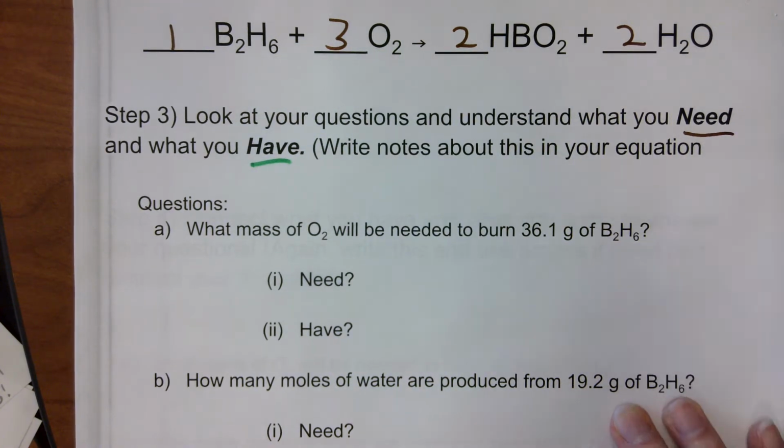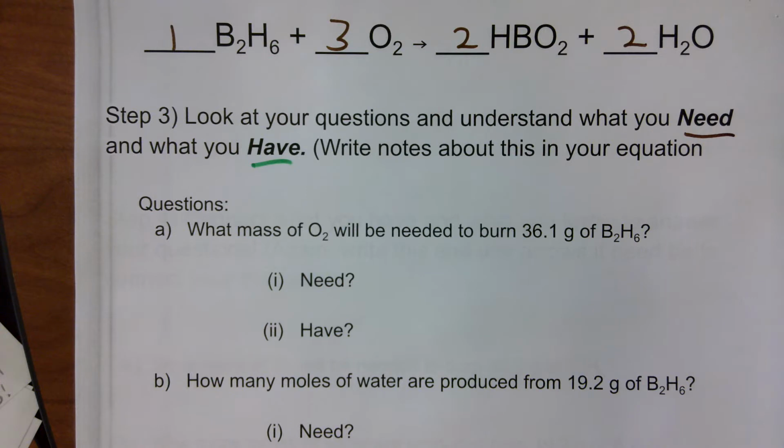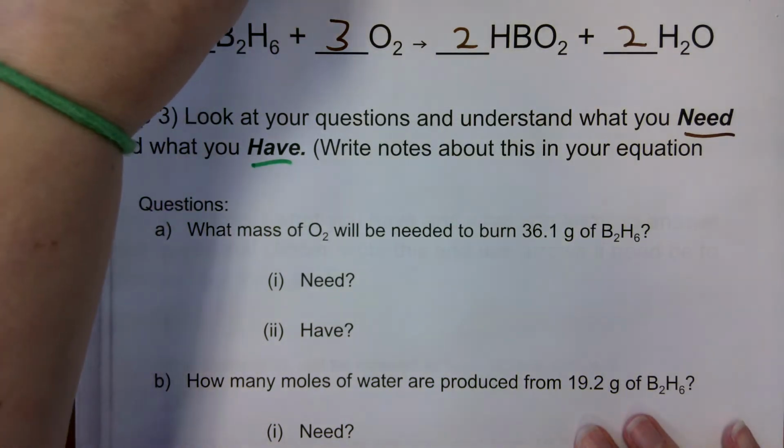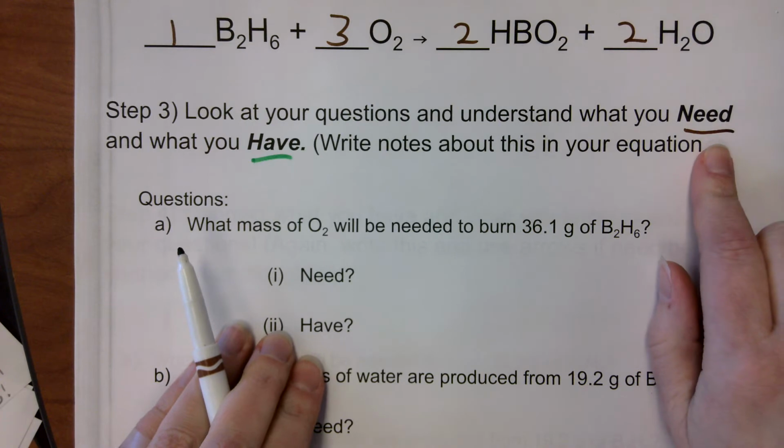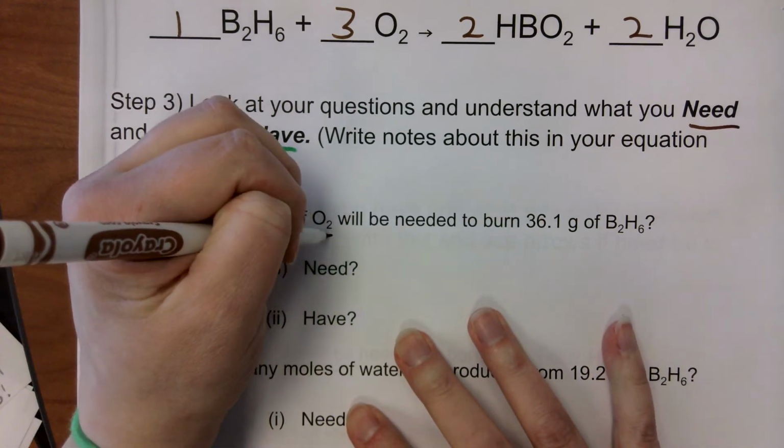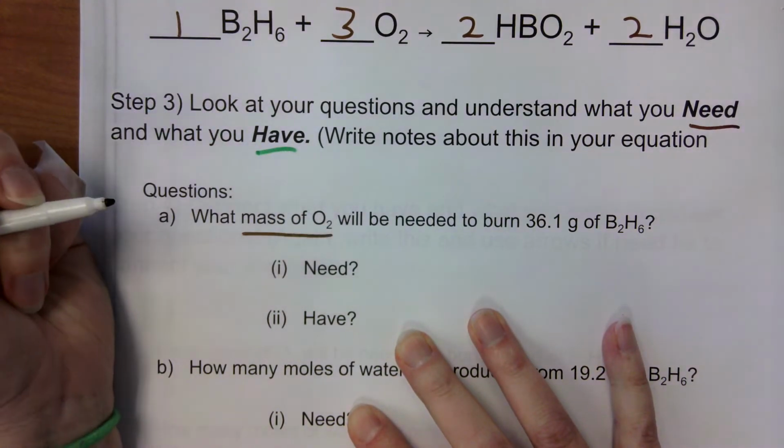Okay. You need to look at that question and ask yourself, what do you need to find and what is it that you have already been given. So hopefully you should be able to see that the thing that you're looking for, what you need to find, is the mass of O2.